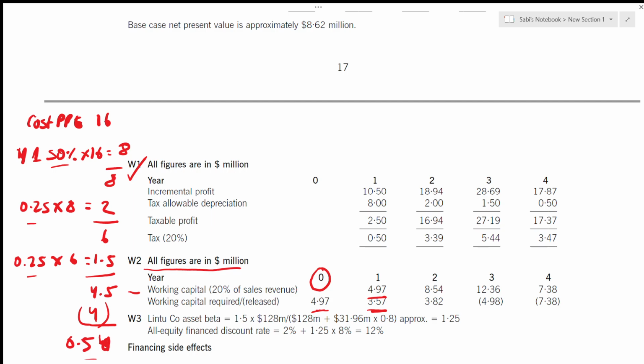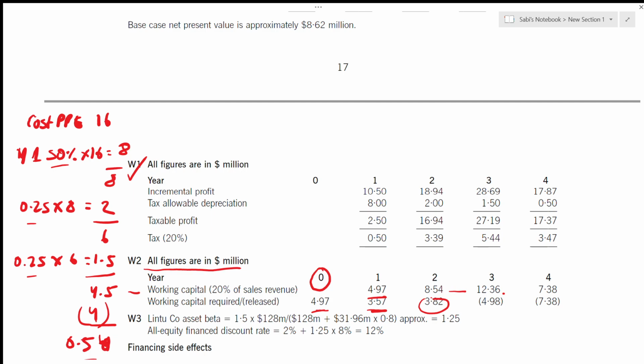20% of the third year sales will be 12.36, right? But how much do you require? Just check. Okay, it's just the difference between these two, which is this one, required. But when you come to the third year, that means you are predicting for the fourth year sales, 20% of the fourth year.